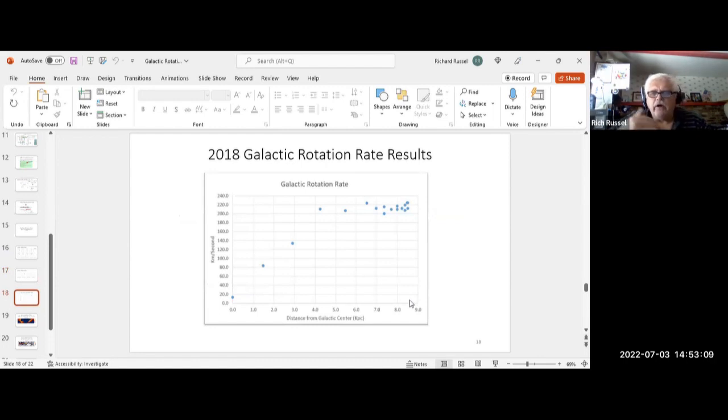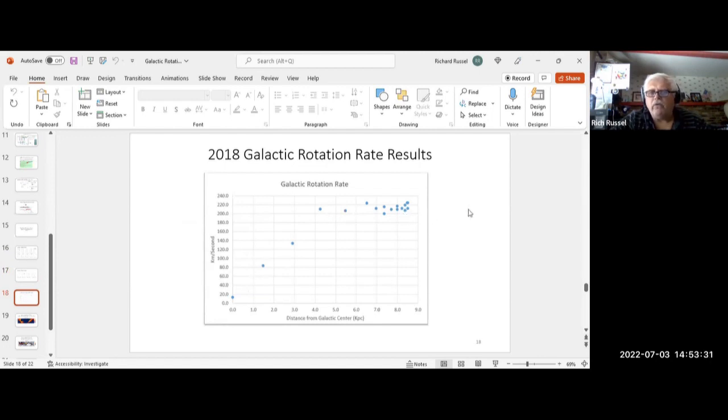So if you do this for every R value that you're looking at, you see a plot like this, where this is your kilometers per second. And then you see when it gets up to about 4 kiloparsecs away, it flattens out, okay?